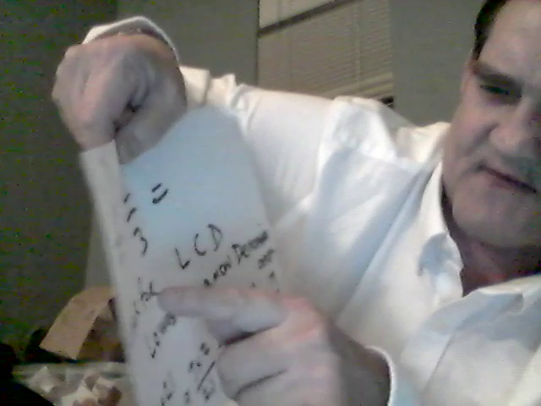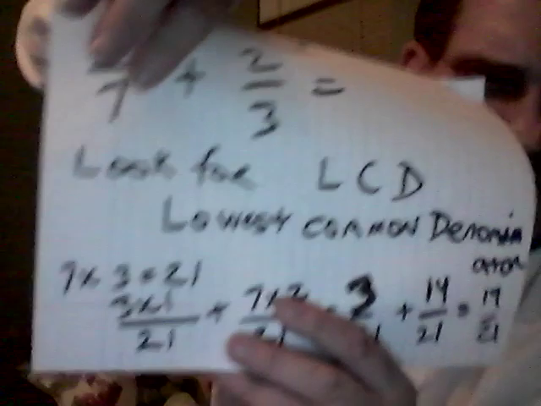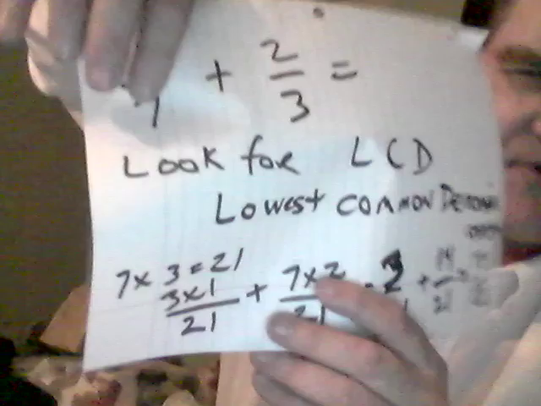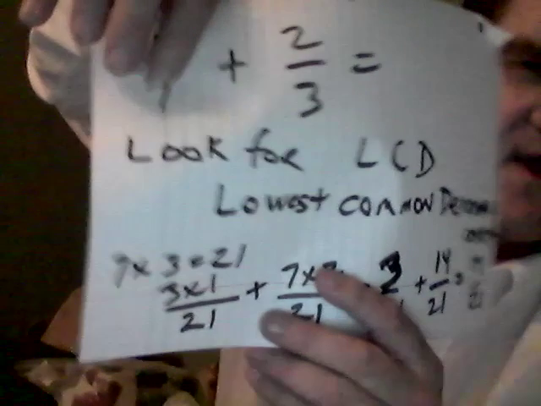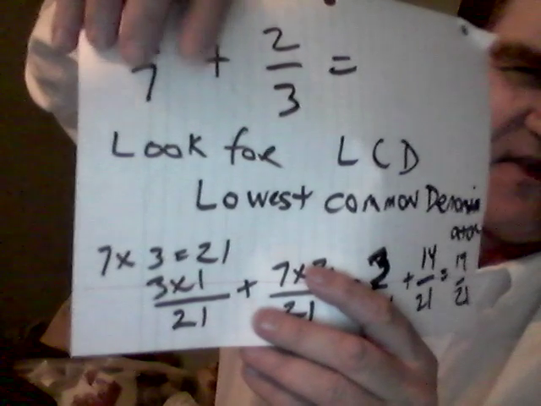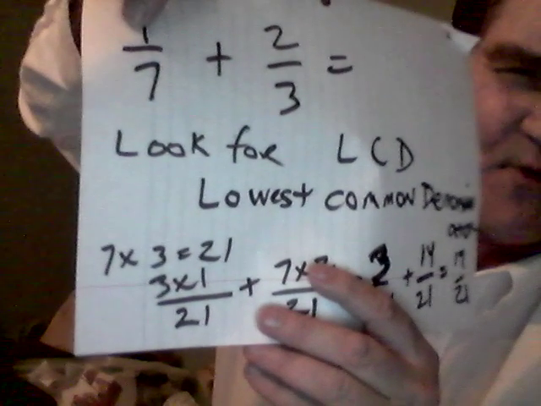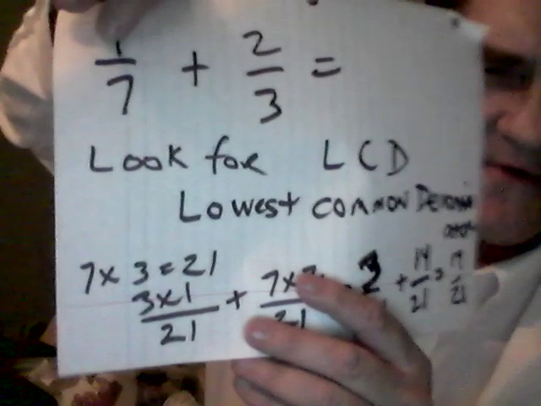One is 1 over 7, the other is 2 over 3. So with 21, 7 divides into 21 3 times. So 3 is multiplied times the 1, to make it 3.